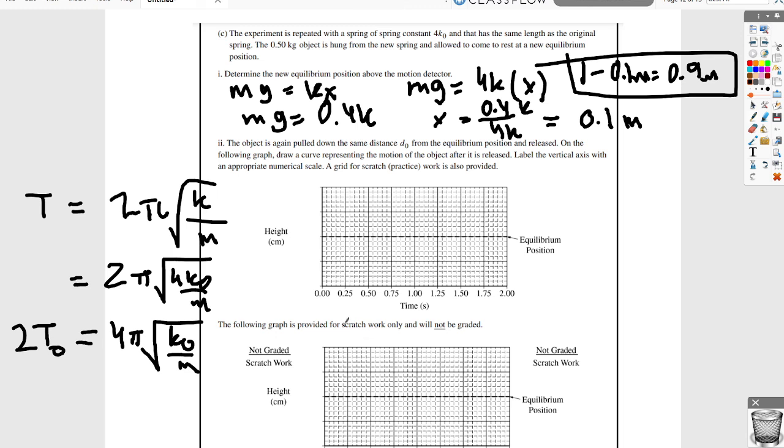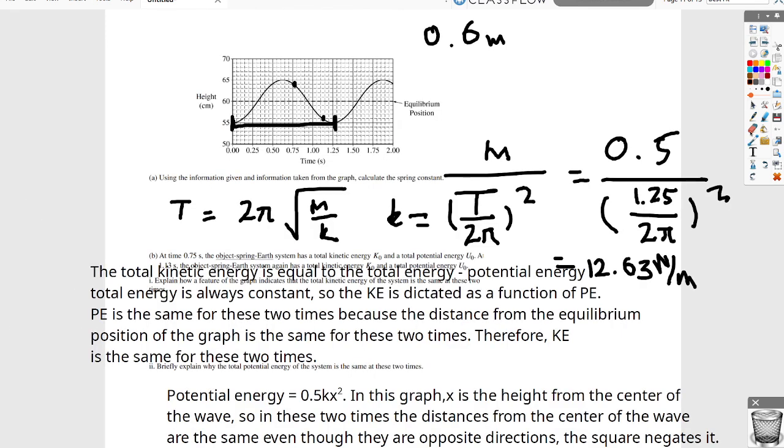It is pulled down the same distance, d naught. And because it's pulled down that same distance, it's going to oscillate. And I actually think that's a really high oscillation. So initially it oscillated 5 centimeters.